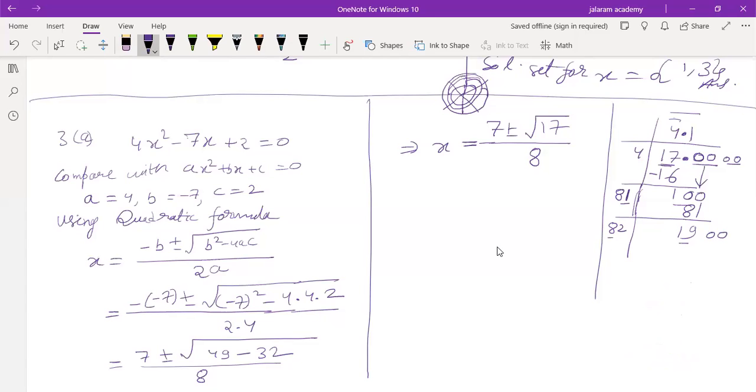Now 8 twos are 16. So if we now write the 2 in the quotient, we have to multiply not only by 82 but we have to write a 2 also after that, means 822 into 2, which is 1644. Yes, sir. Then sir, we will subtract it. 10 minus 4.